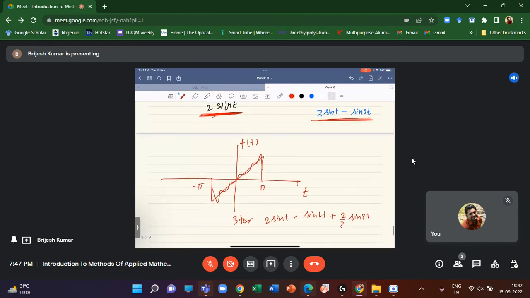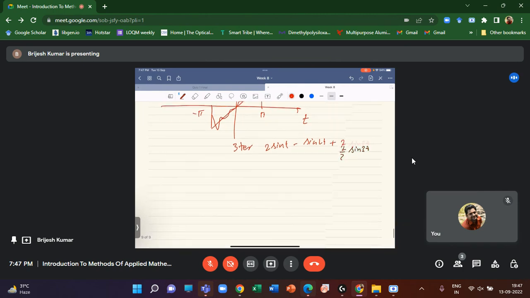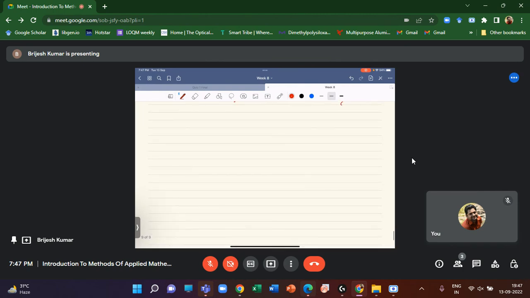So if we want to reduce the error, then we have to consider more terms of the Fourier series. That is the key point from this plot. Now let's consider one more question.